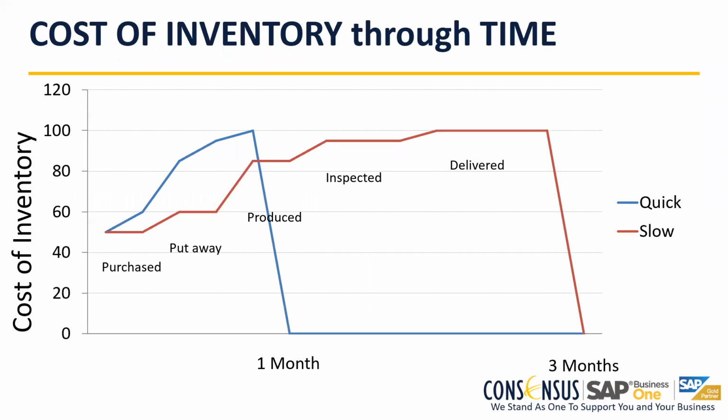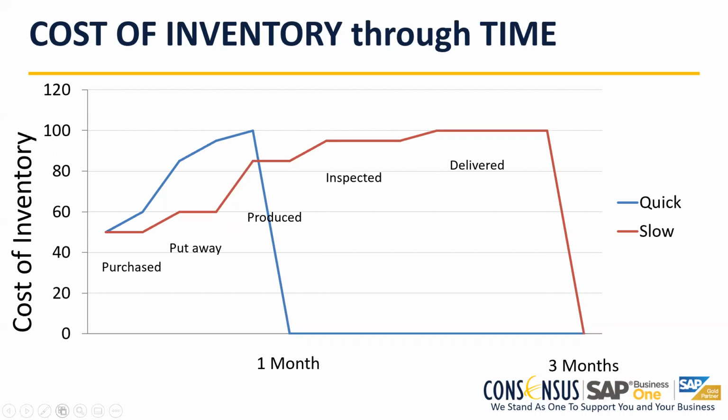So with this graphic, I would like to illustrate what is the impact of cost of the inventory. Let's say that we have two companies, one that rotates the inventory every month. So whatever they purchase, they store, they transform, they inspect, and they deliver to customers in just a month.